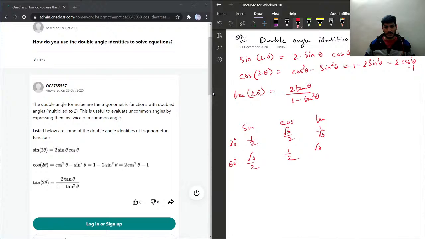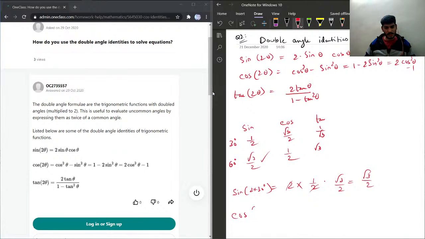If you want to calculate the value of sine of 60 degrees and we know the values for 30, then what we can do: sine of 2 into 30 is 2 into sine 30, which is 1 over 2, times cosine 30, which is root 3 over 2. So the 2 and 2 get cancelled and this will be root 3 over 2.